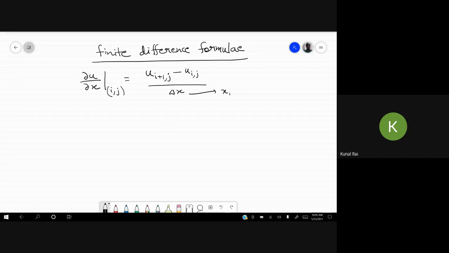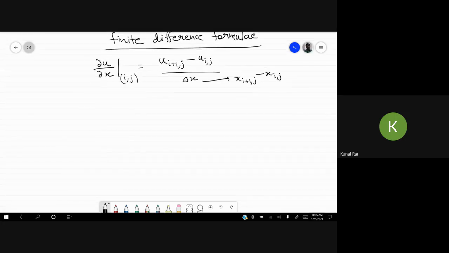the distance between x i plus 1 j minus x ij. That is the distance in x direction between two grid points. Also, we saw that this is called a forward difference formula.